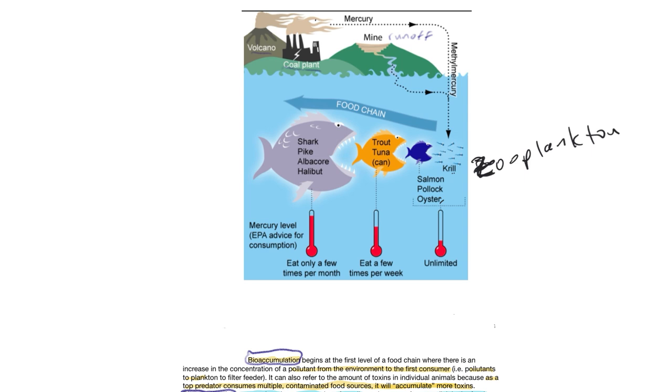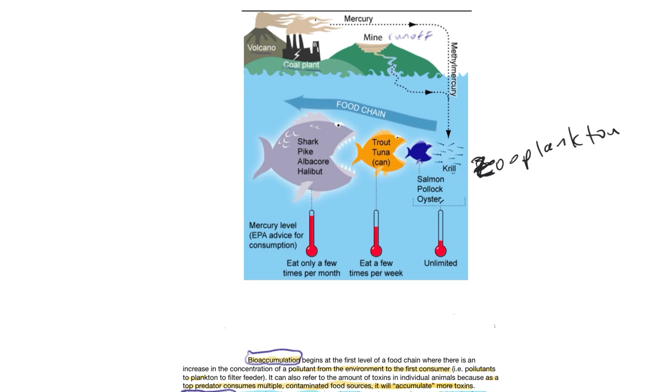That mercury builds up in the oyster. But unless there's a lot of mercury that was added in that water, oysters are okay for us to eat. And other fish will eat the krill as well, and zooplankton, especially as babies. Now, tuna will eat the salmon and pollock fish, especially when they're babies.